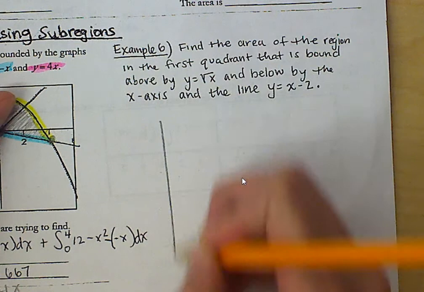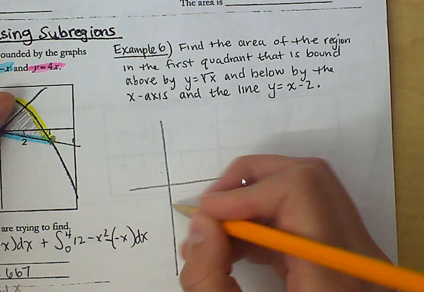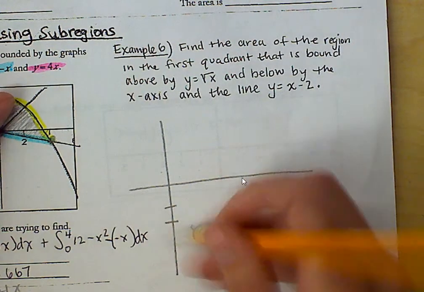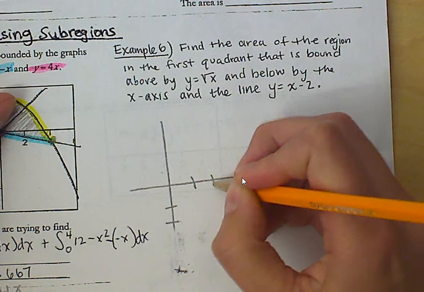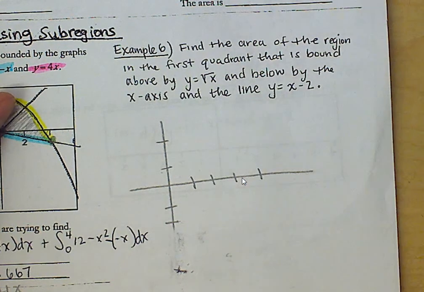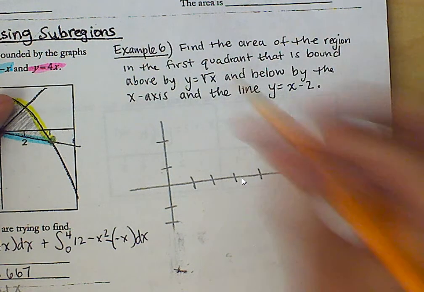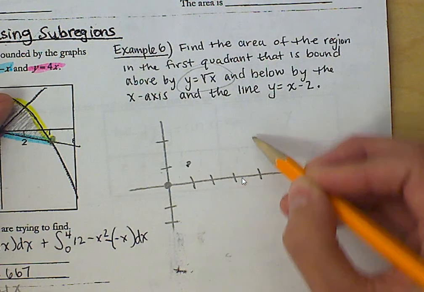It's just a line and a square root. The line has a y-intercept of -2, so I'm going to just make sure to go all the way down to -2. Then 1, 2, 3, 4, 1, 2. So my square root, I'll do square root, 0, 1, 2, like that.